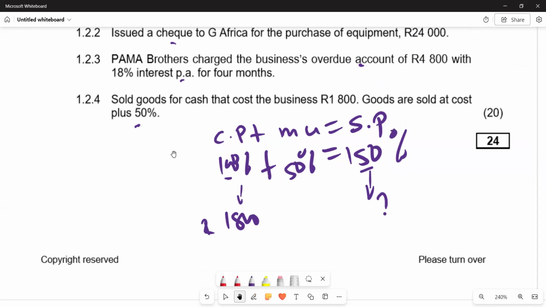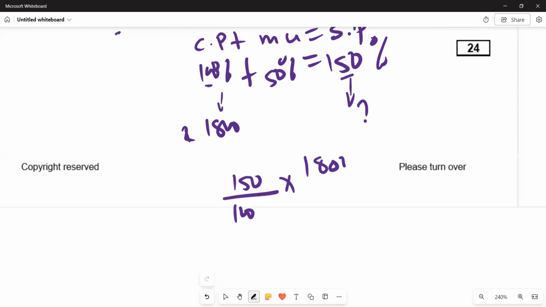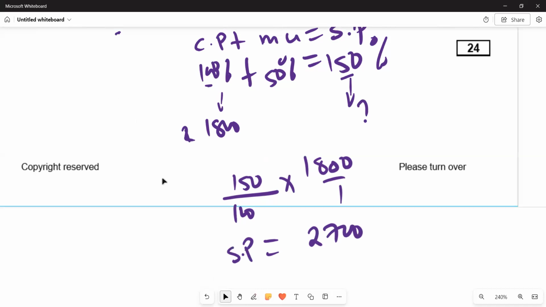So we can calculate it as 150 over 100, and then we multiply by 1,800. You see that the answer that we are supposed to get there comes to 2,700. So this is the selling price. This is the figure that we are going to do the double entry with, using sales there.